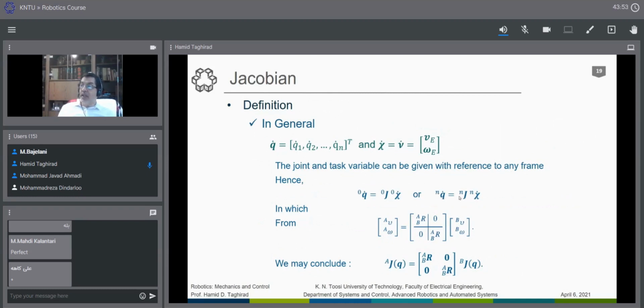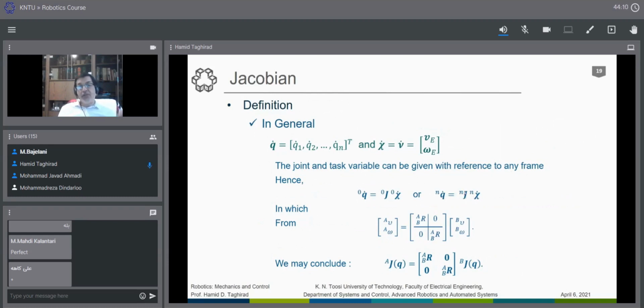If we represent both the Q dot and the X dot in the N frame, since there are two vectors, they can be represented in any frame, then the Jacobian is also defined in the N frame.